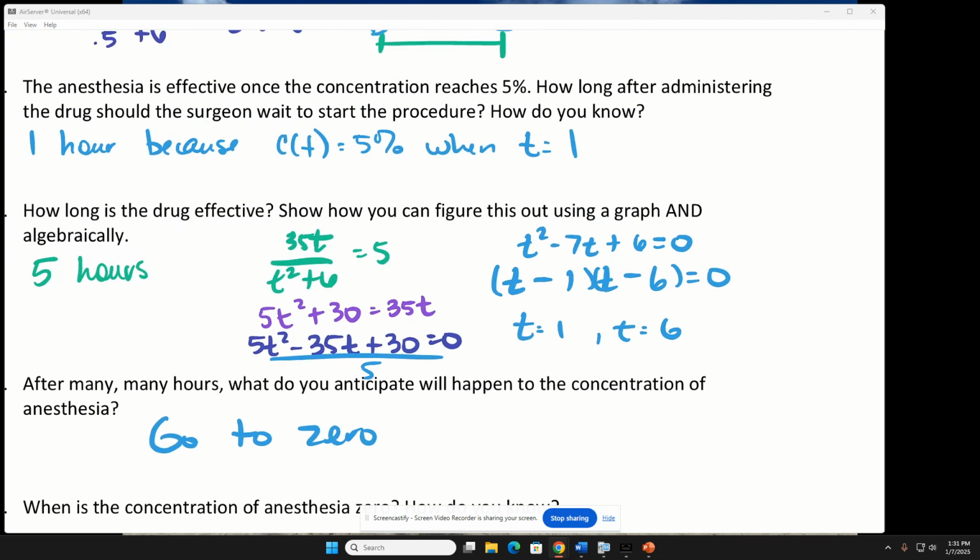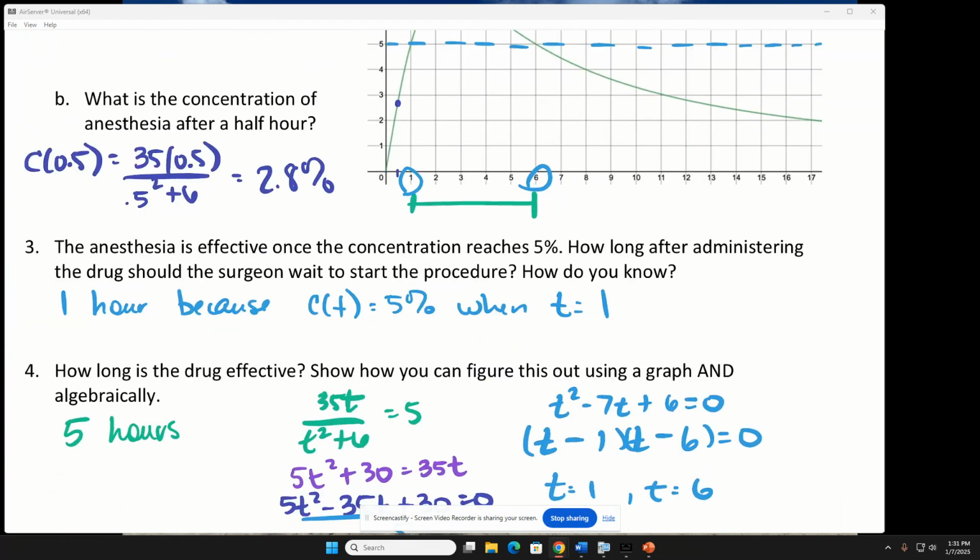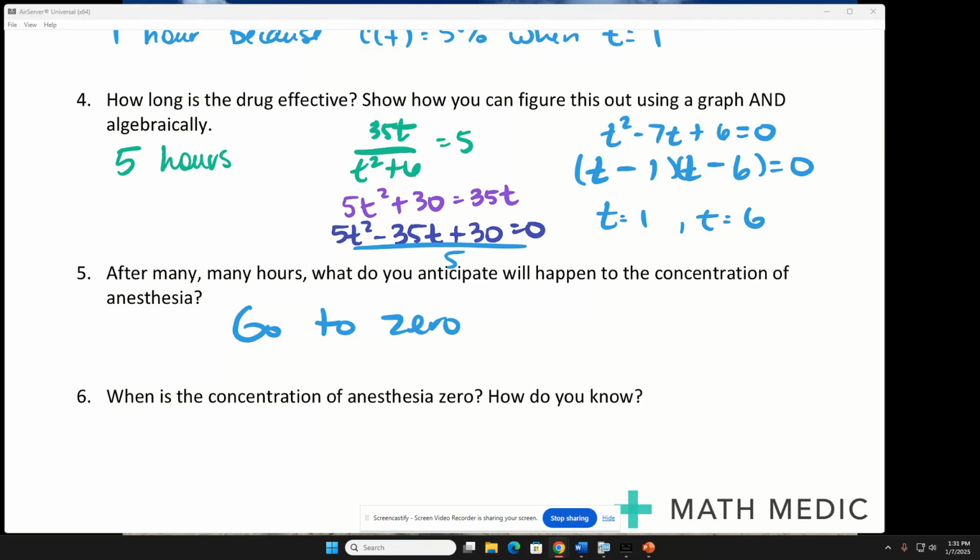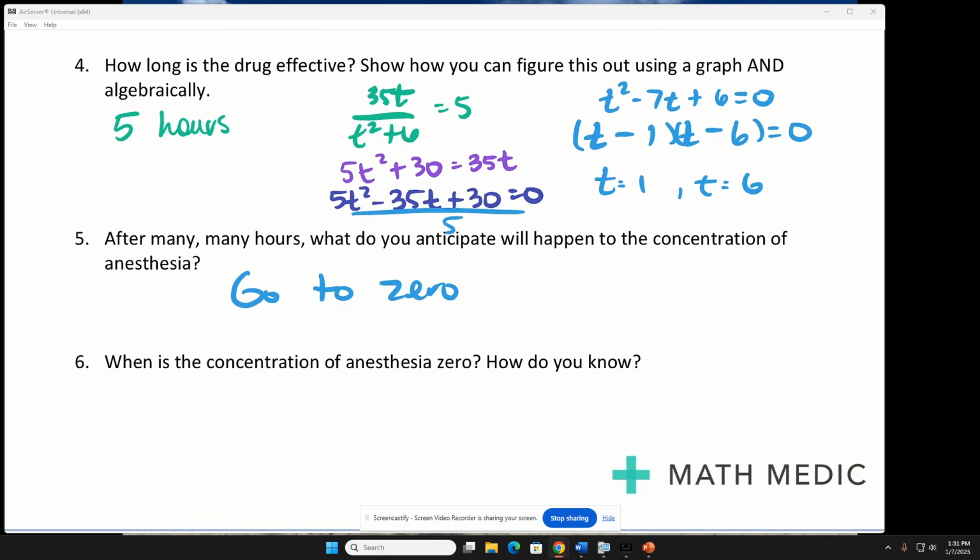This function never gets to 0. Eventually, I think your calculator will round to 0, but it really never does. But in reality, eventually the anesthesia does get filtered out of your blood system, and you're back to normal. It takes a long time, though. Anytime I've had surgery, it takes forever for me to feel normal again. It just hangs around. Okay, and then 6 says, when is the concentration of anesthesia 0?